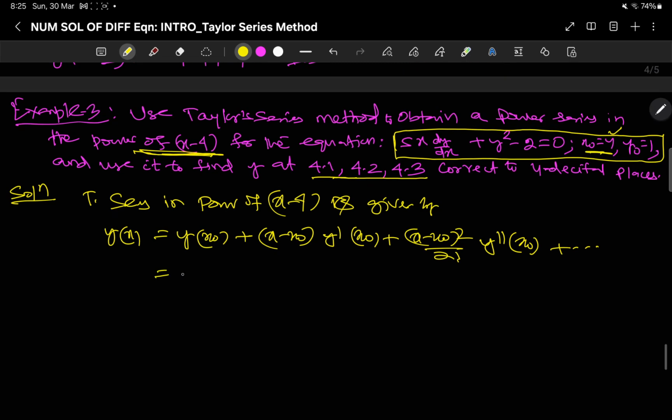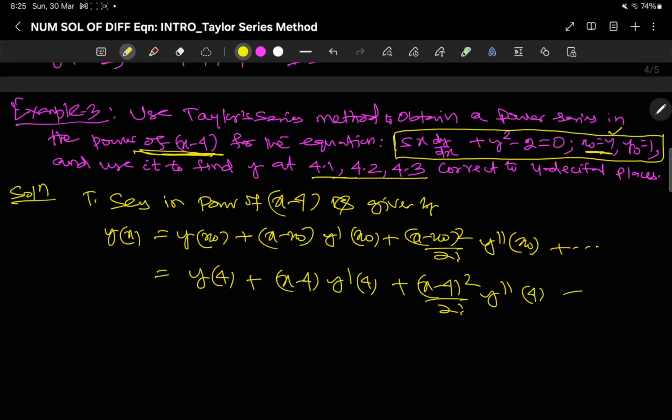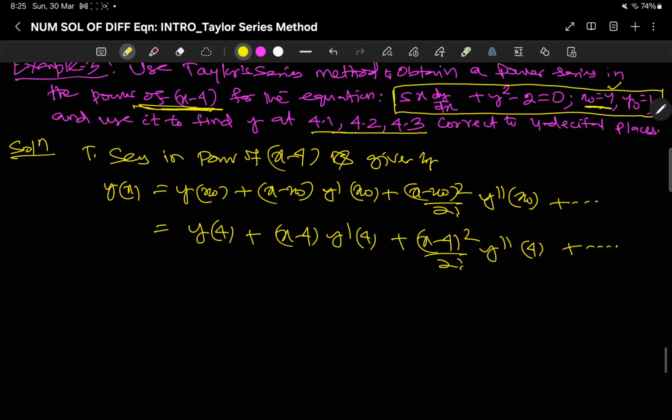Now x0 is 4, so it is y of 4 plus (x minus 4) y'(4) plus (x minus 4) whole square by factorial 2 y''(4), in the powers of x minus 4.